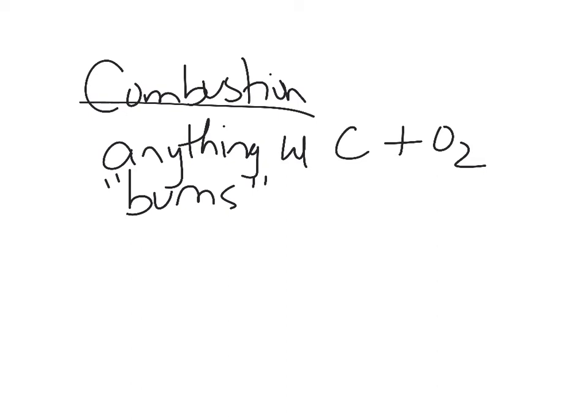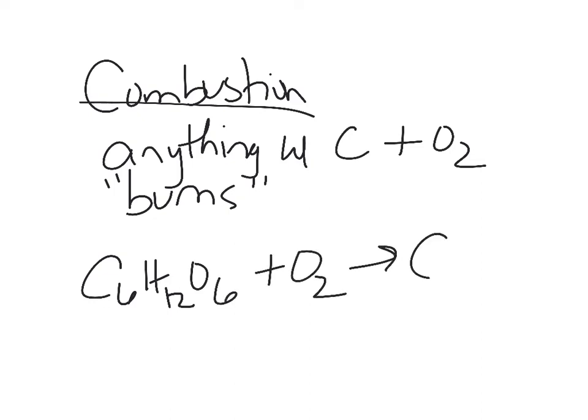For combustion reactions, anytime you see anything with carbon, it may or may not have hydrogen and oxygen in it, but definitely common to see hydrogen and oxygen compounds with carbon. And oxygen, anytime they tell you something's burning, it's going to be a combustion reaction. So I could have something like C6H12O6 plus O2 is always going to give you carbon dioxide and water.